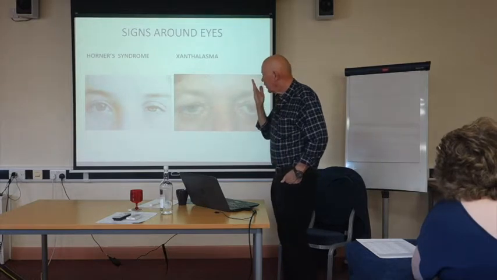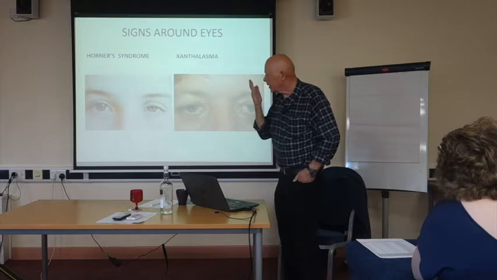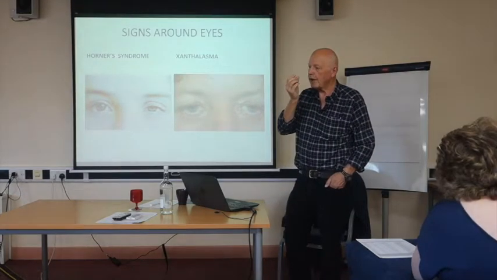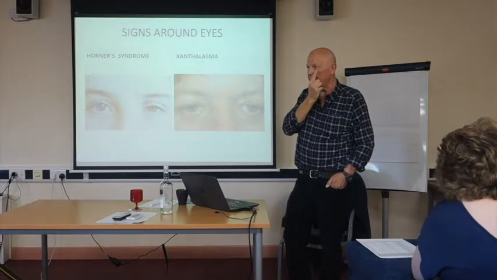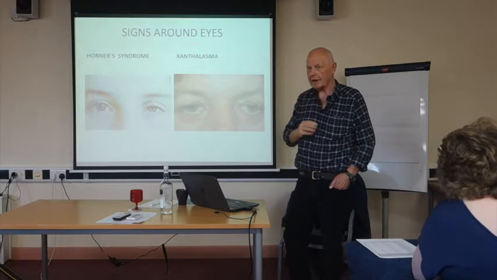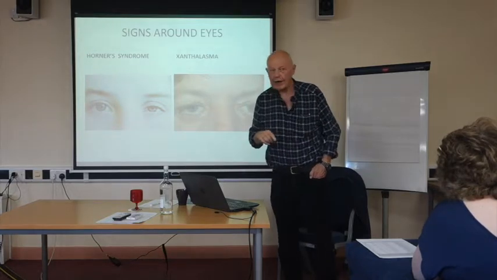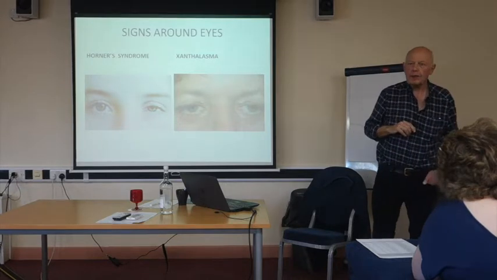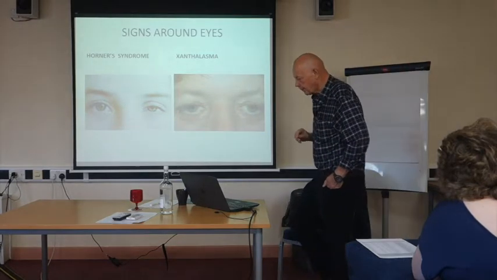And the slight sunken-in look of the eye is caused by lack of fluid in the fat pad just behind the eye, so it looks as though it's sunk in. But they talk about the triad of ptosis, miosis, and anhydrosis, meaning Horner's syndrome.